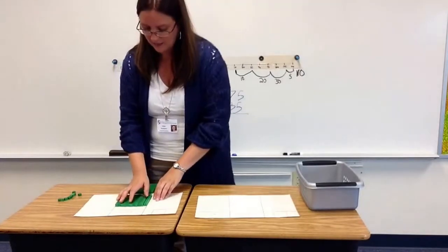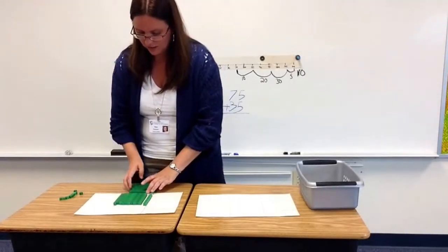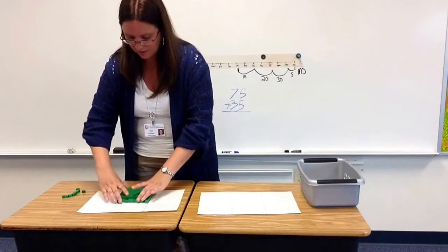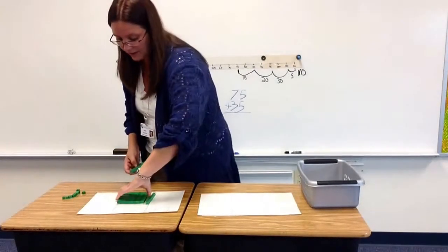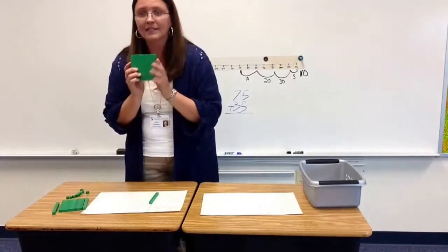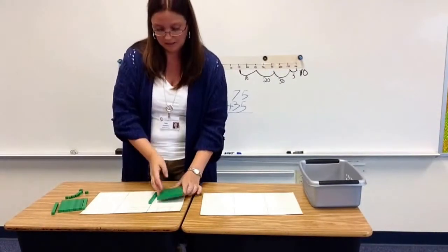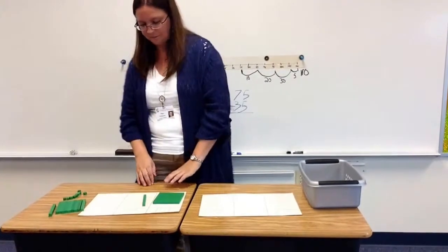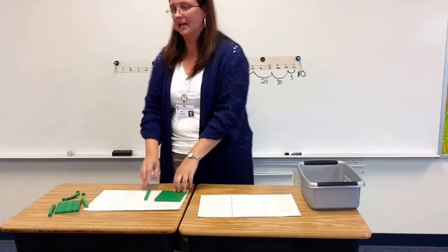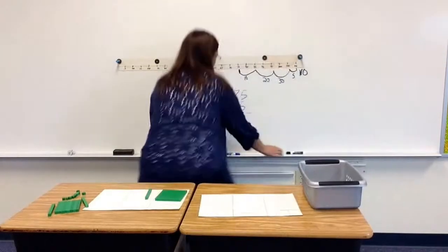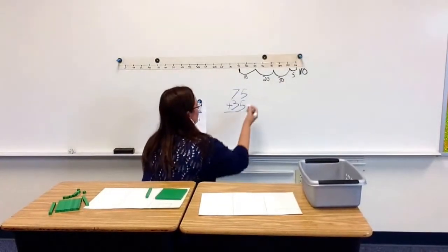So let's take 10 of those and put this on top. See, it fits perfectly. So we need to get rid of these and replace them with this because we're regrouping. That leaves us with 110.